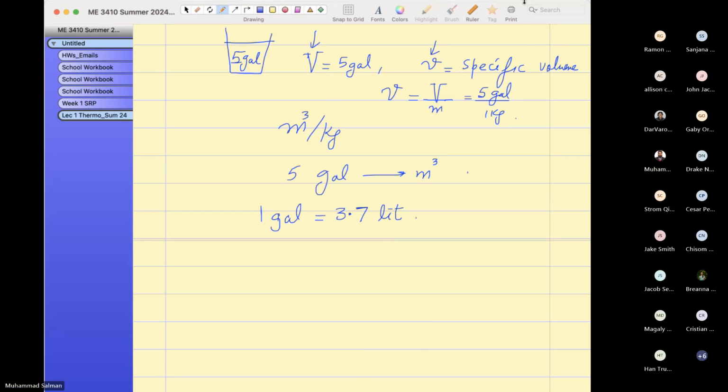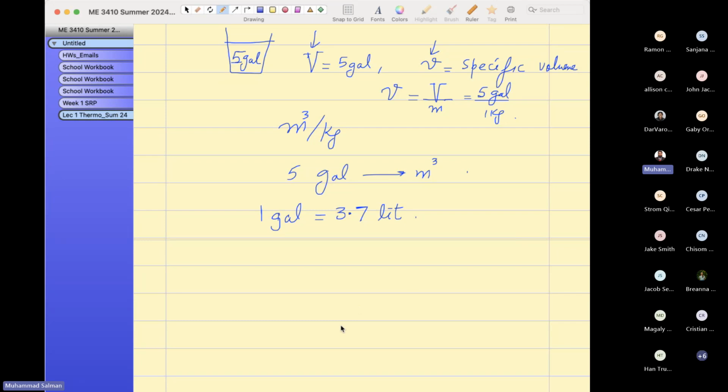Okay, so this is our conversion. And we know that 1 meter cubed equals 1000 liters. Now you can convert 5 gallons: how to go from 5 gallons to meter cubed.